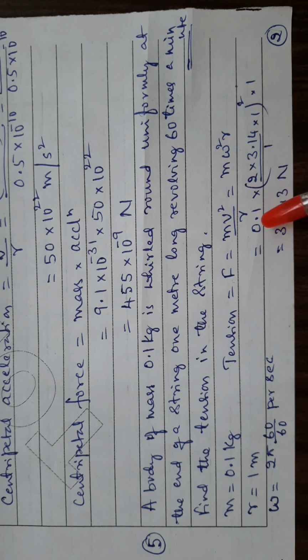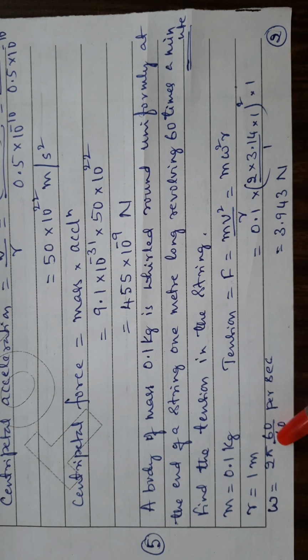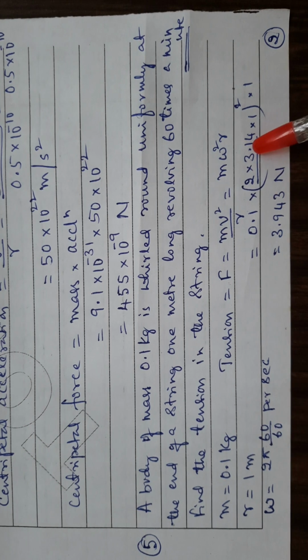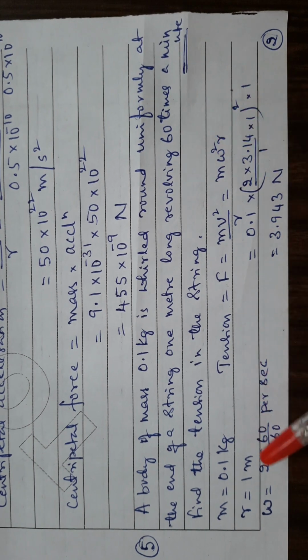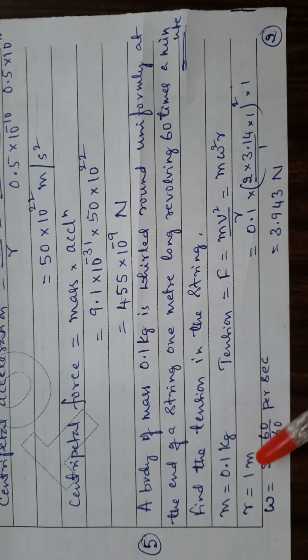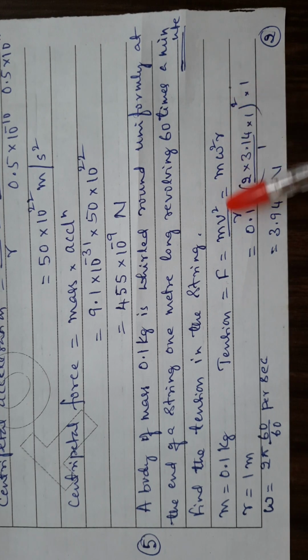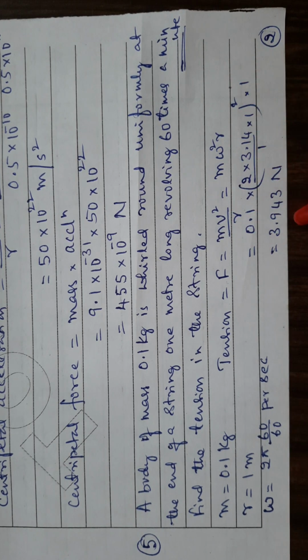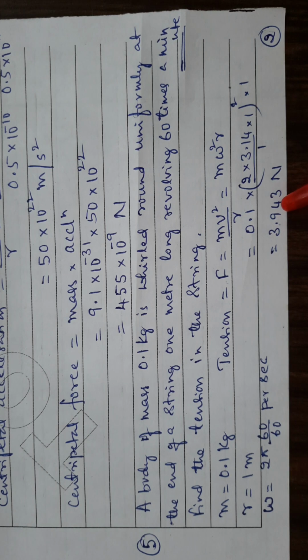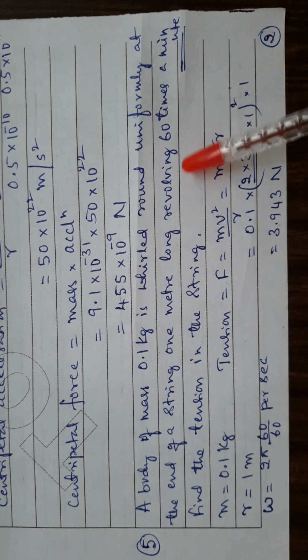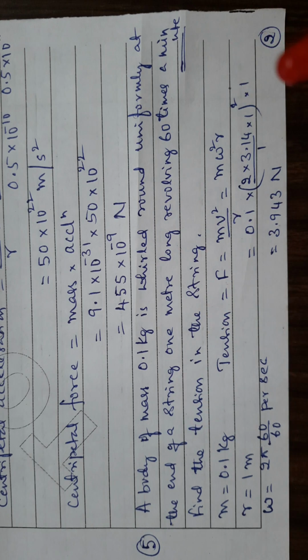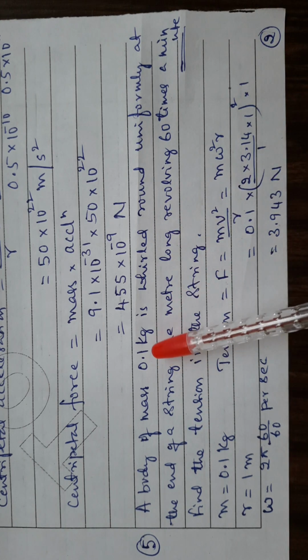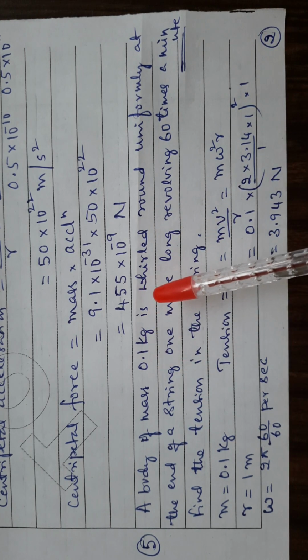Substitute the mass and omega, that squared, multiplied by the radius. The radius is given directly as 1 meter. If we substitute all these things and do the calculation, after simplification we are going to get 3.943 Newton. Like this, we can change the numbers here and there and give you the problem, and you are supposed to work it out properly with the concerned formula.